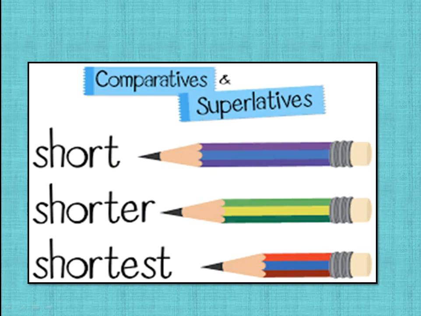But if I compare between three or more, I will say that the red pencil is the shortest one. That means both pencils are taller or longer than the last one.